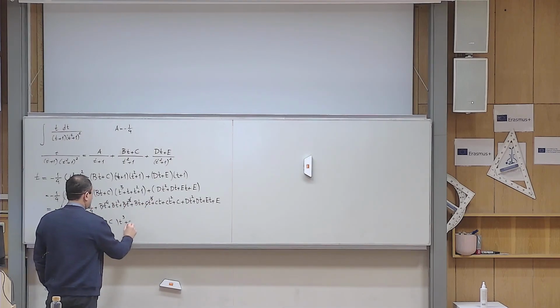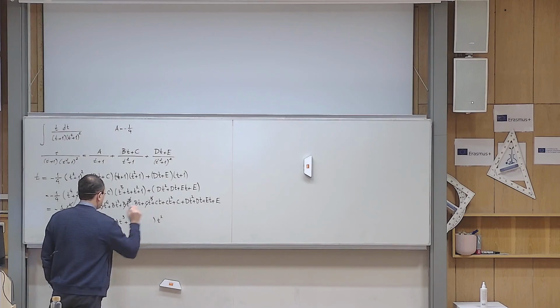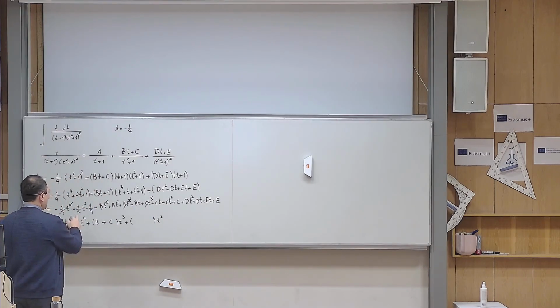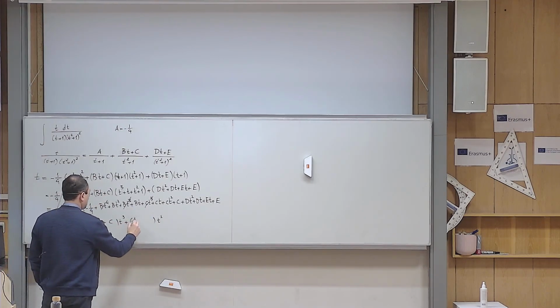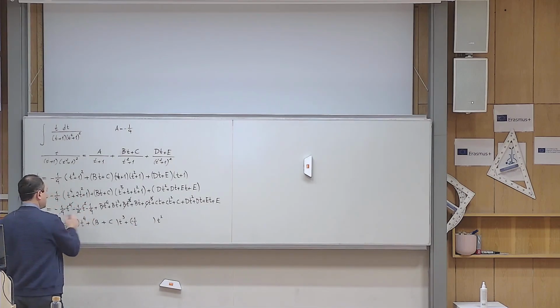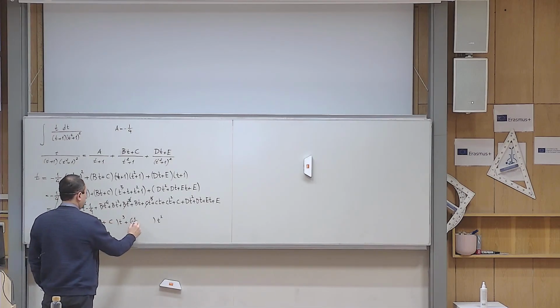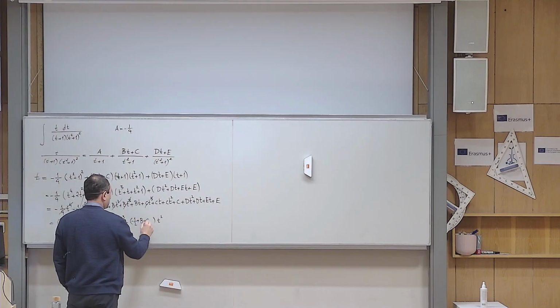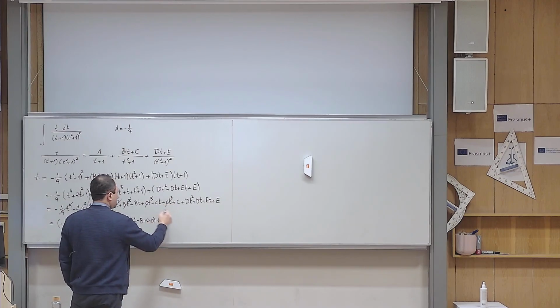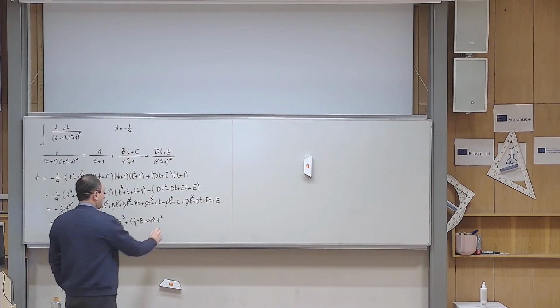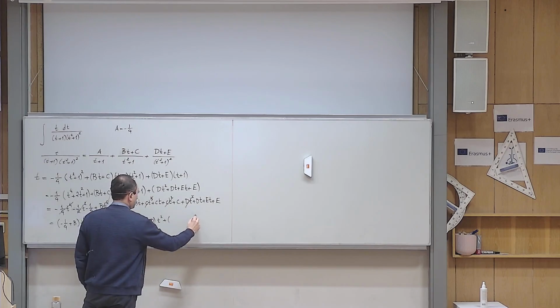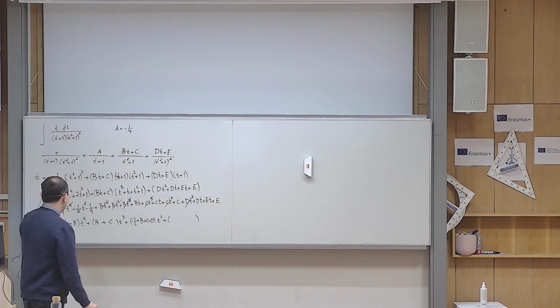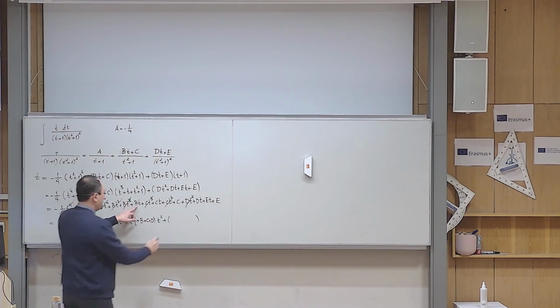Okay, then I go to the quadratic terms. So how many quadratic terms are involved? So I have minus a half here. I considered that one. I have a b here. I considered that one. And then I have a c and d. So I considered these two as well. Then I have to go to the first degree terms. So nothing is left here except b.